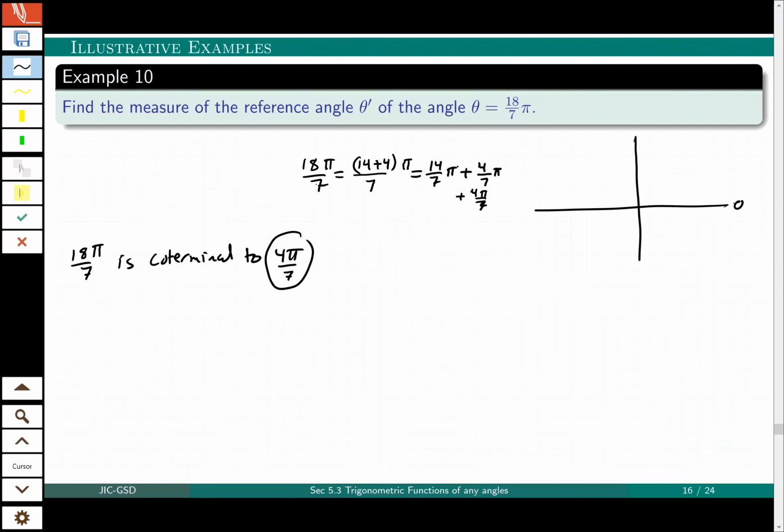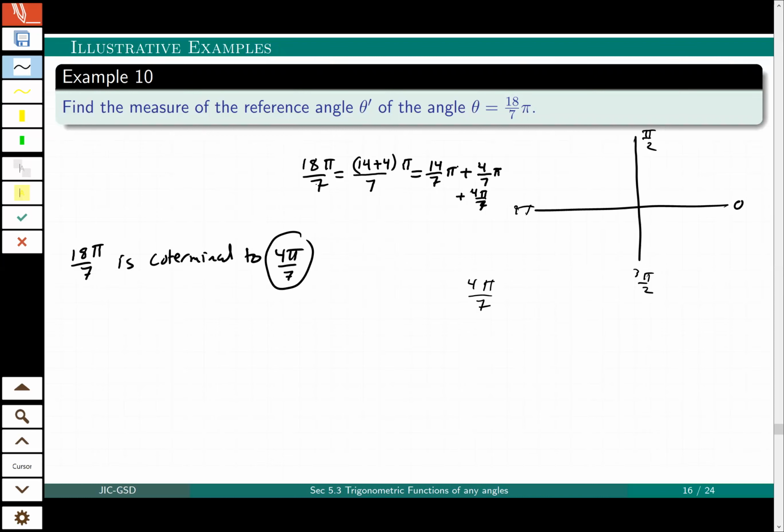So that's, as we said, 0, that's pi over 2. That is pi, and that is 3 pi over 2. So when I have 4 pi over 7, look here, Shabab, 4 pi over 7. We need to know in which quadrant.